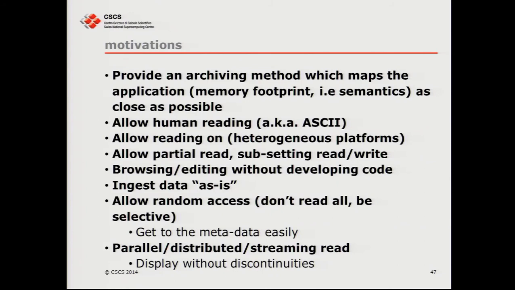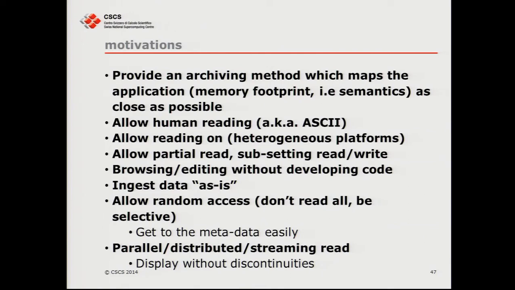What's important is that a file format should do things like this: allow partial reads, subsetting. This will be important for parallel processing. Allow browsing, allow ingestion by the visualization software without having to reshuffle, etc. Allow random access.